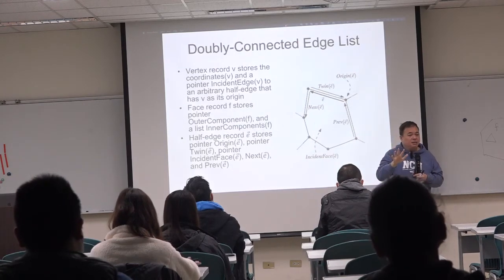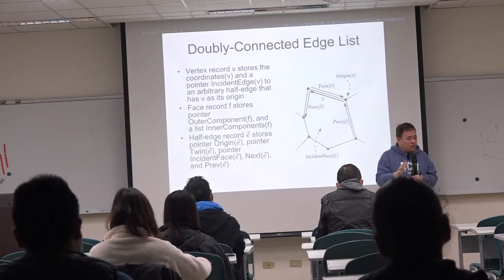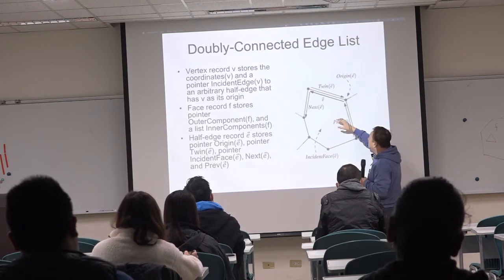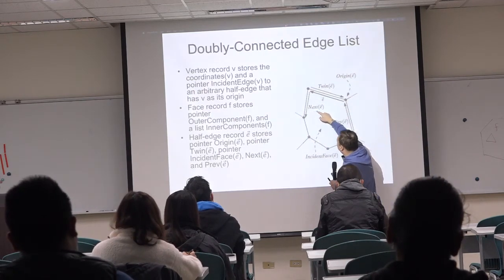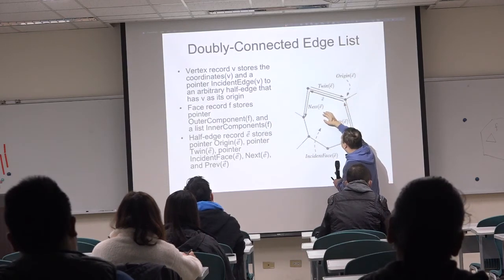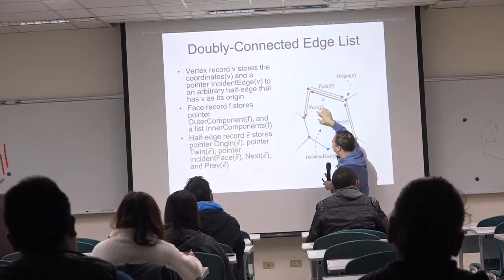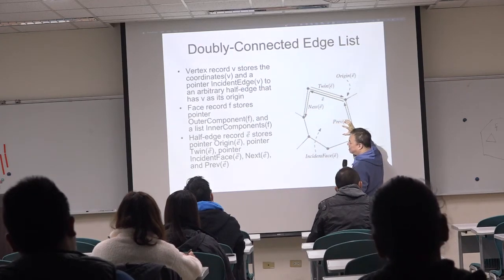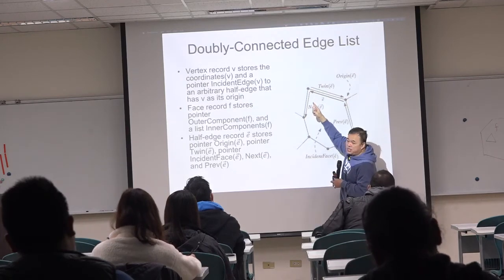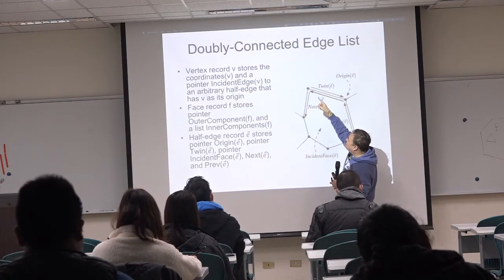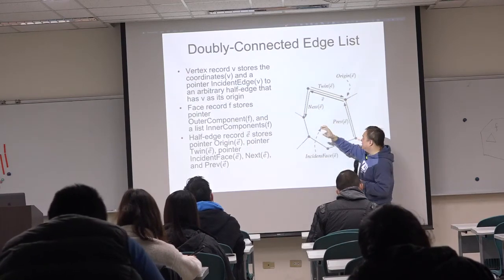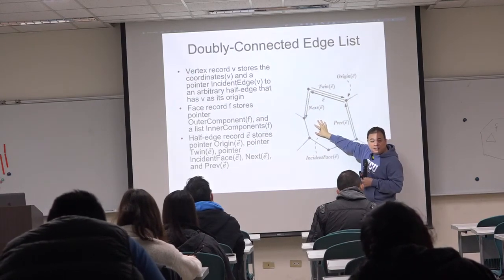Okay, but which one will it use? It will use the next, which is going to be the one that has the same incident phase. Not the top one, because if there's a top half edge, you can see no matter how you draw it, the incident phase is not going to be this one, right?